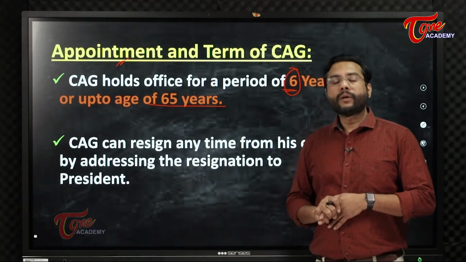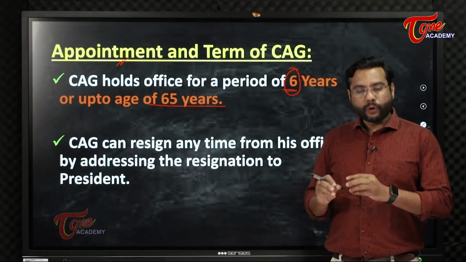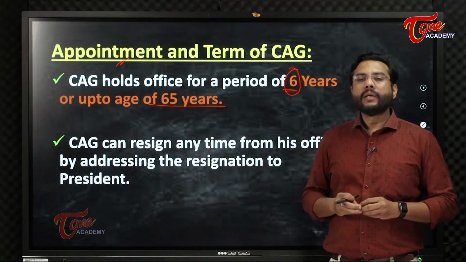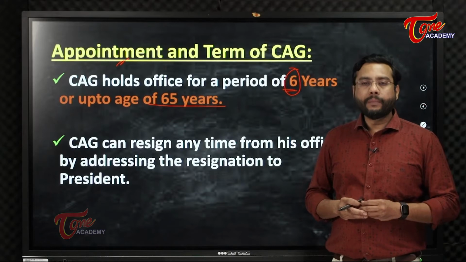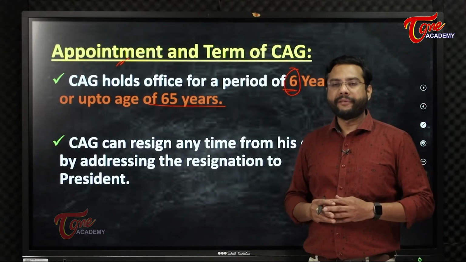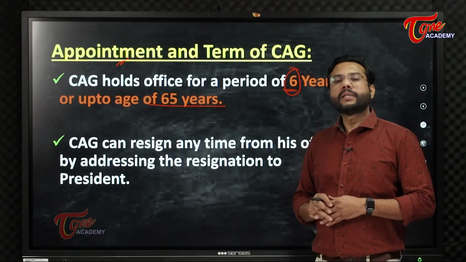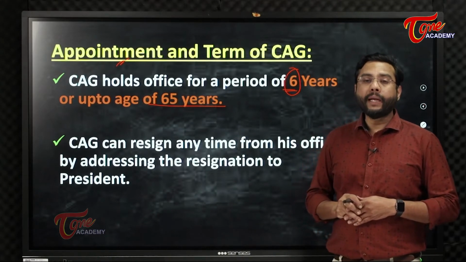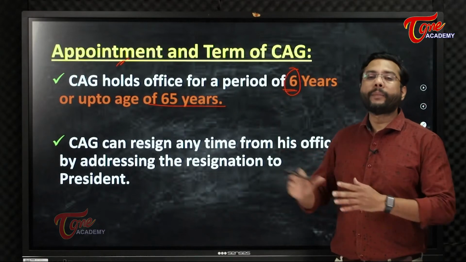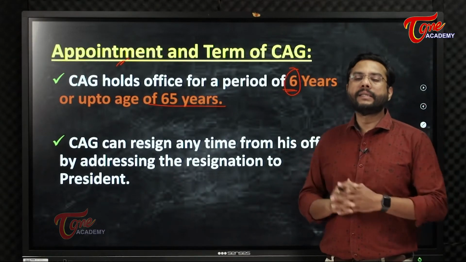So the CAG can also be removed by the process, as we have mentioned, a parliamentary process on the basis of misbehavior. On the basis of misbehavior or incapacity, the CAG can be removed in between, that is before completion of his 6 years of term.